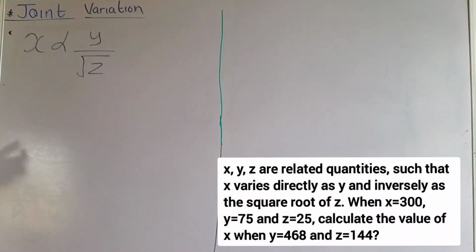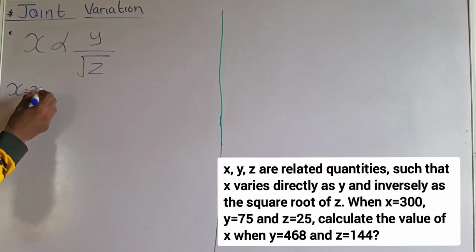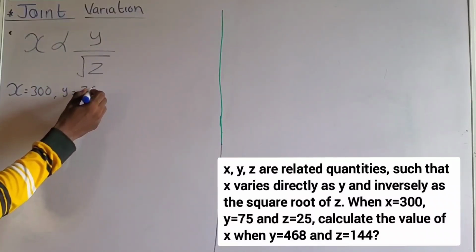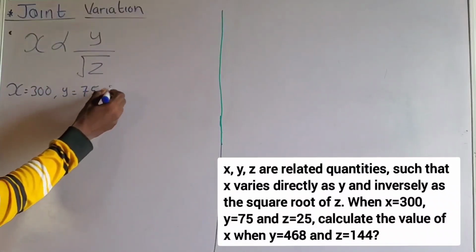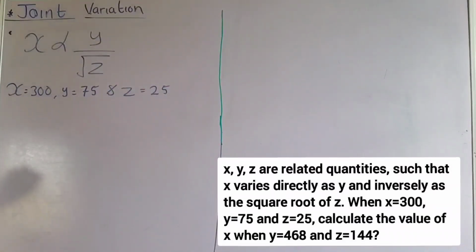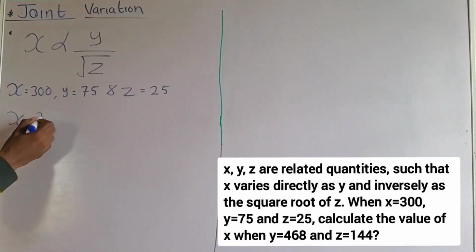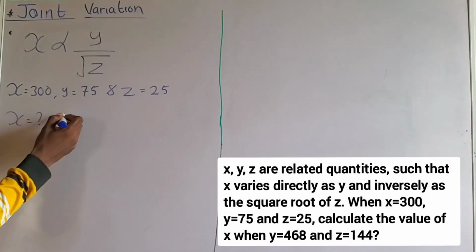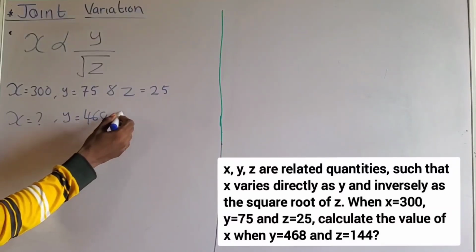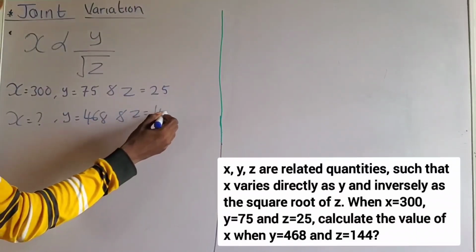Okay, now when x equals to 300, y equals to 75, and z equals to 25. We are asked to find the value of x when y equals to 468 and z equals to 144.